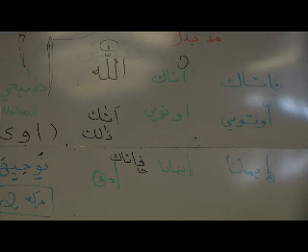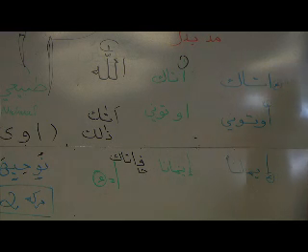So the waw can be pronounced two ways, either as a letter by itself, like W-A, or as a double O in the middle of a word, like moon. Ya is the same thing: Yasir, starting with Y-A, or it could be a double E. Hamza could be a, an alif, or a as in mat. I think this is why the Arabs don't count it as two different letters.